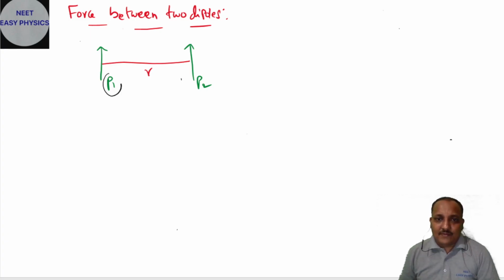Now P1 is in the electric field produced by P2, isn't it? What is the electric field produced by the P2 dipole? Dipole moment direction is always from negative to positive, correct?